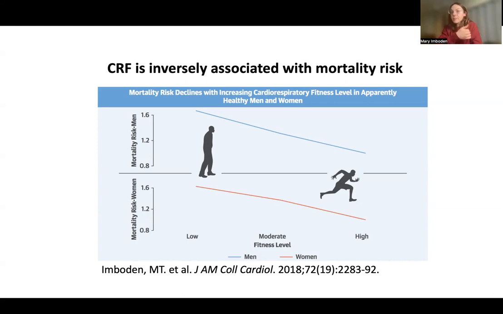In a baseline study where we took individuals' cardiorespiratory fitness or VO2 max, we saw that over time, individuals with higher VO2 max had increased survival, whereas those with lower VO2 max had increased risk of premature mortality of all cause, cardiovascular disease, and cancer.